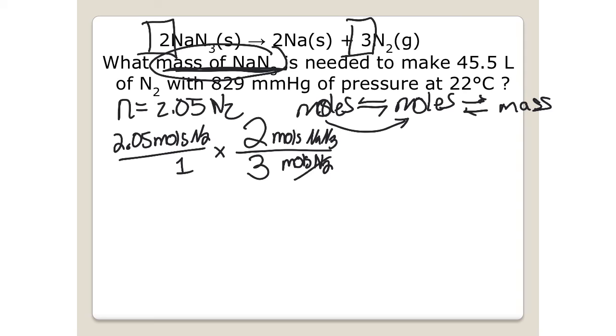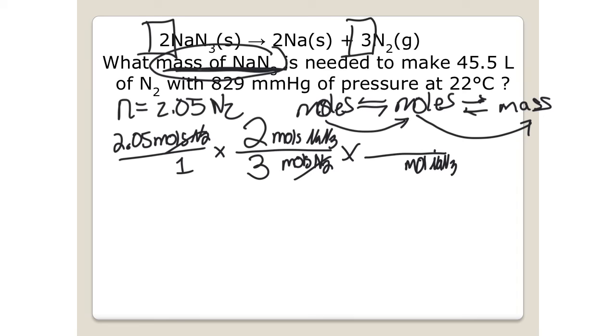So if we cancel, we're left with moles of sodium nitride. But we want mass of sodium nitride, so we need to go one more step. And again, whatever unit is up on the numerator automatically goes in the denominator. So we're going to write moles of Na2N3 here. Oops, that's kind of messy. I will redo that. Sorry about that. Moles Na2N3.